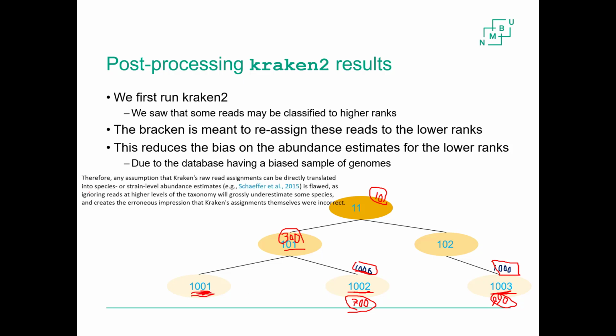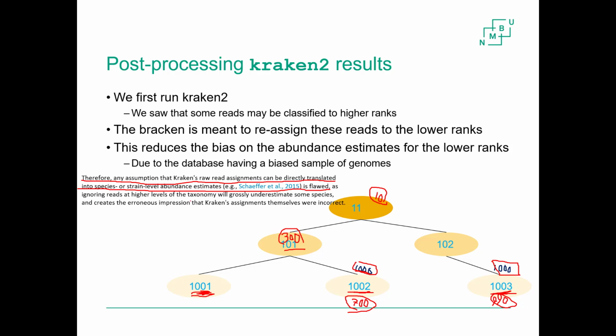And this is exactly the point that is made in this paper as well. It says, therefore, any assumption that Kraken raw read assignment can be directly translated into a species or strain level abundance estimate is flawed. You cannot just look at the output from Kraken and think that these reflect the actual abundances.